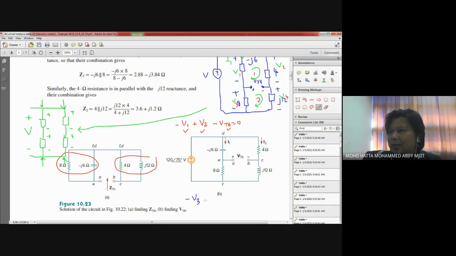Around the loop, I have positive VTH. And then I also have positive V4 equals 0. This is considering that I'm looking at loop number 2. And this is basically for loop number 1.